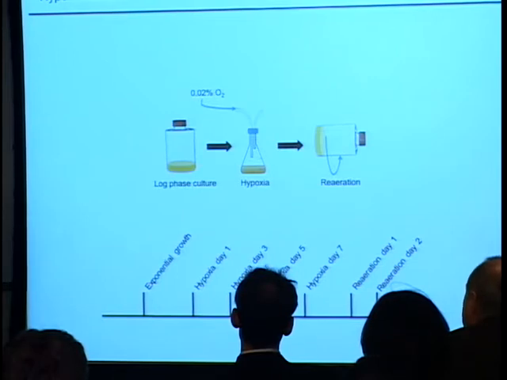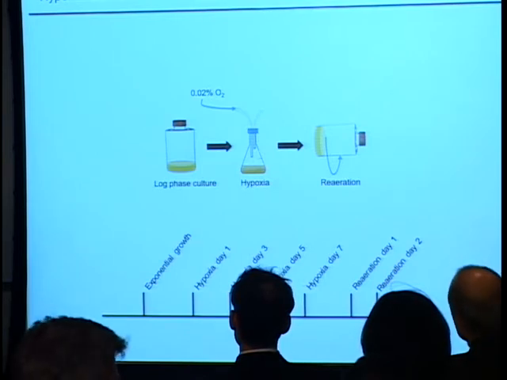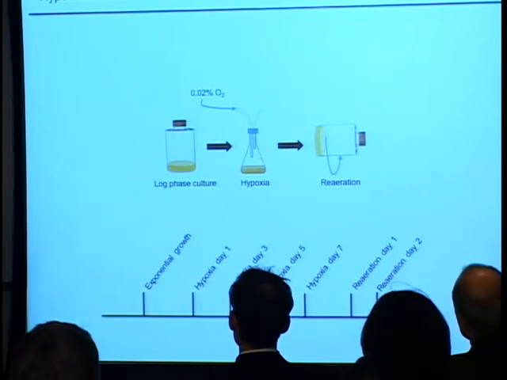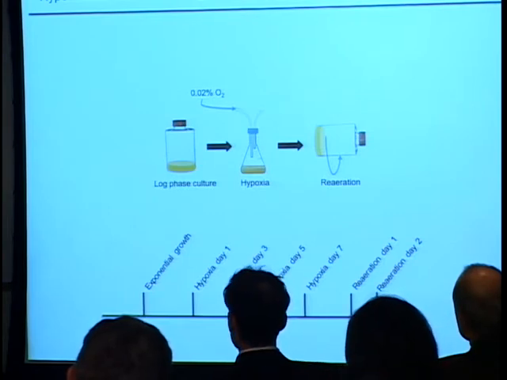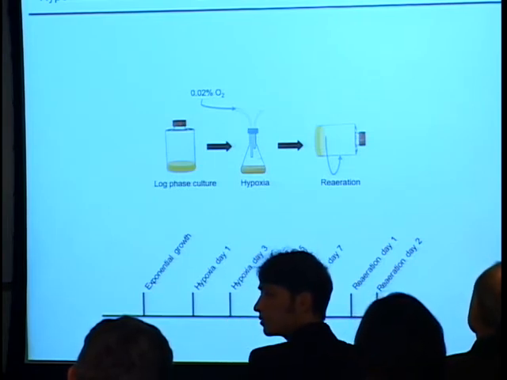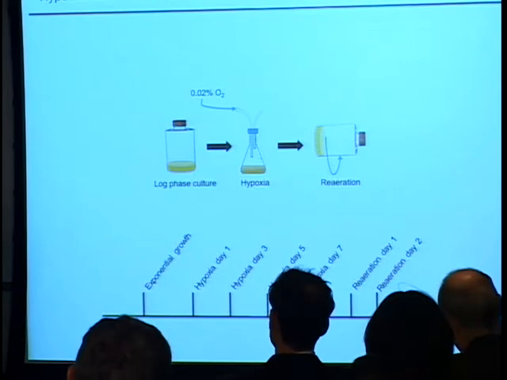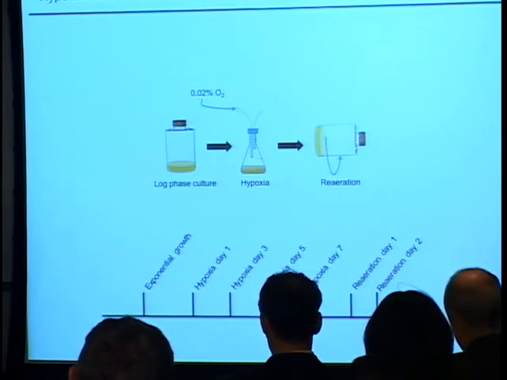So going back to latency, we wanted to see what ATPases are involved in these transitions between replication and dormancy. And so we're very lucky in that we're next door to David Sherman. So we use David's hypoxia model, which recapitulates at least one of the major factors of latency. And we exposed bacterial cultures to low oxygen.